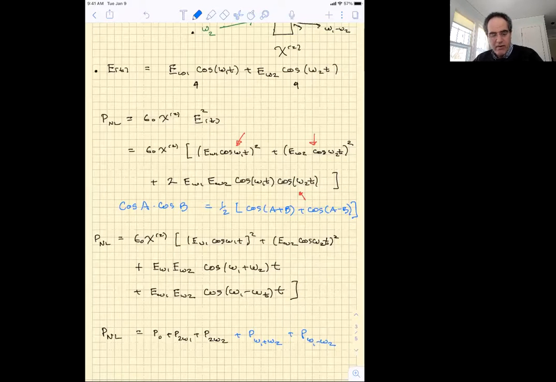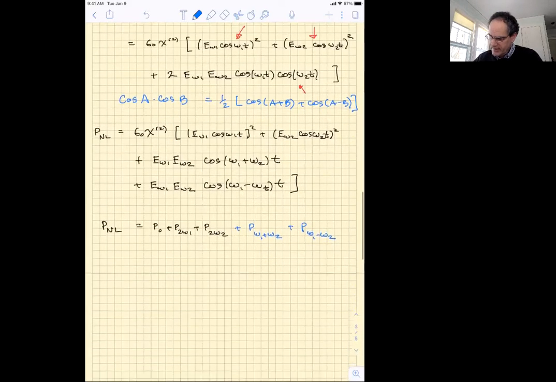The polarization components that oscillate at omega 1 plus omega 2 and omega 1 minus omega 2 can each produce an electromagnetic wave at those different frequencies. So we can mix together two frequency components and get sum and difference frequency generation.